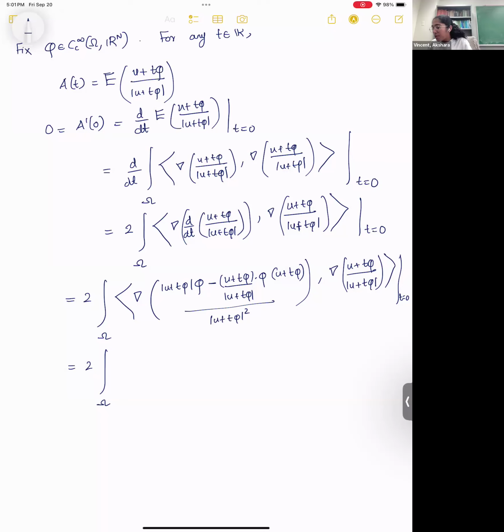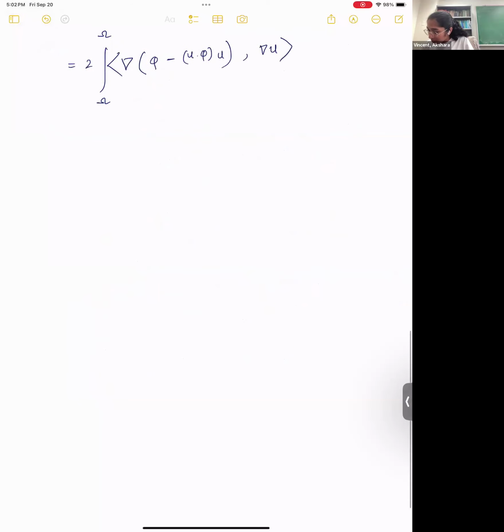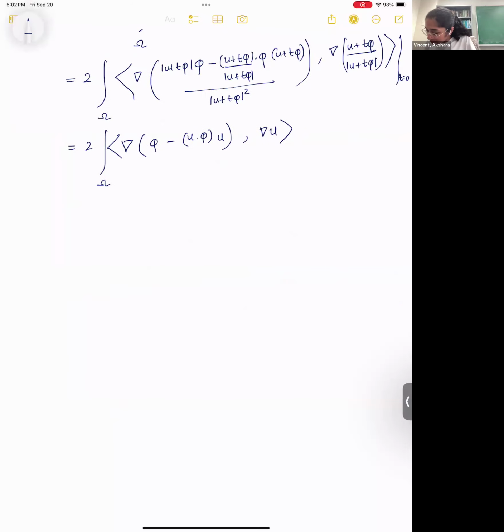So the function goes to the unit sphere, so the absolute value of u is 1. Whenever t equals 0, all these absolute values become 1. So what we are left with is gradient of phi minus, in this case, u dot phi times u, and the second term becomes gradient of u, which is equal to twice the integral over omega.